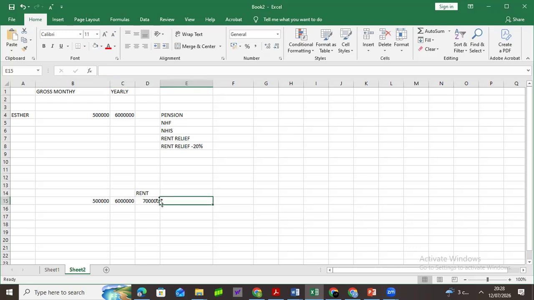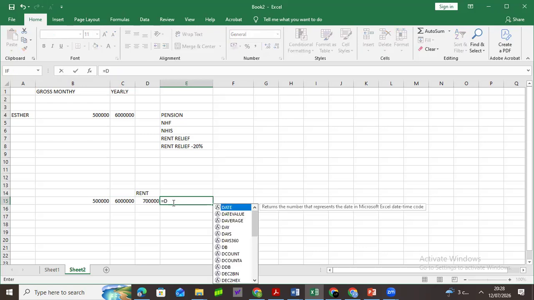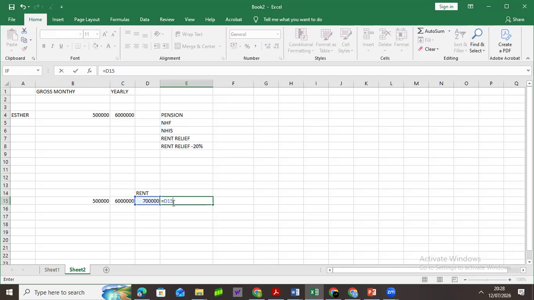For rent relief, they're going to give you 20%. 20% of 700,000 naira is what? 140,000. Exactly. So I'm going to minus 140,000 naira from 6 million naira. How much will be left?